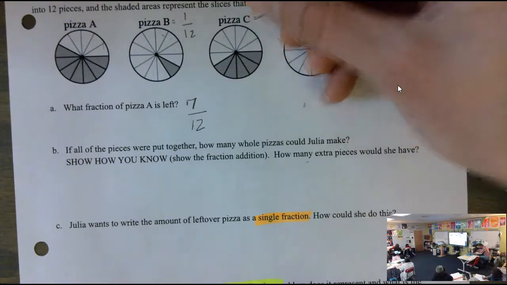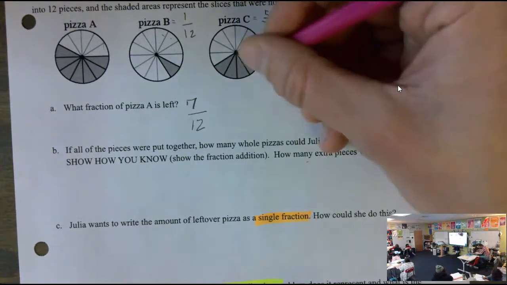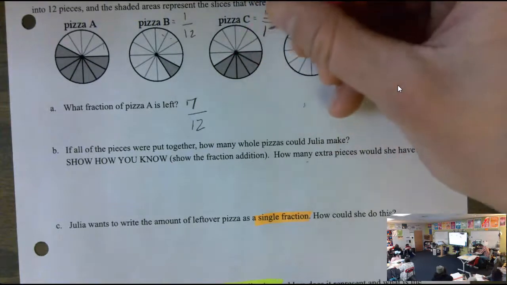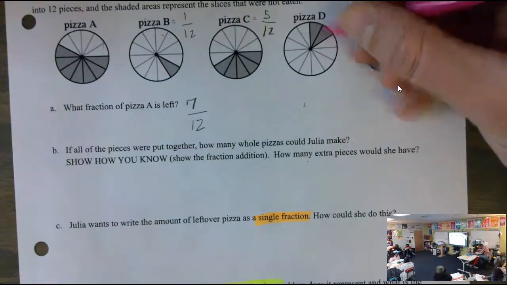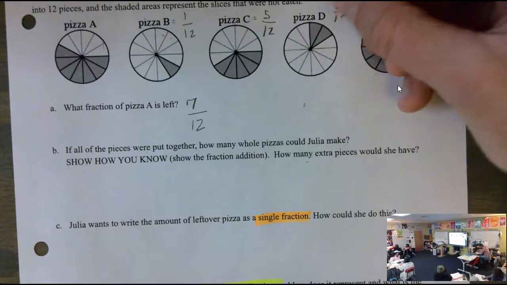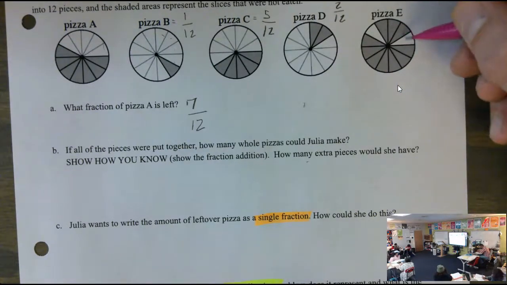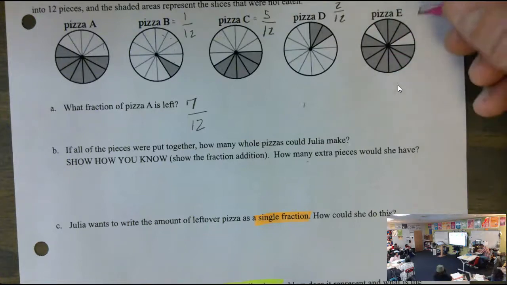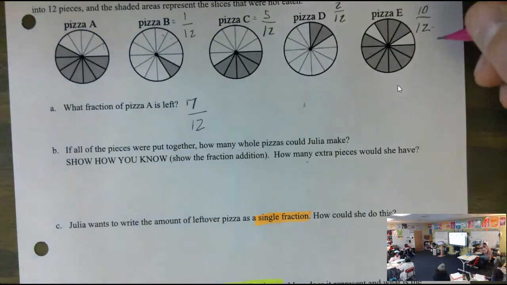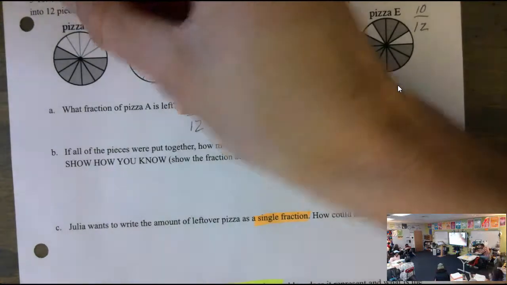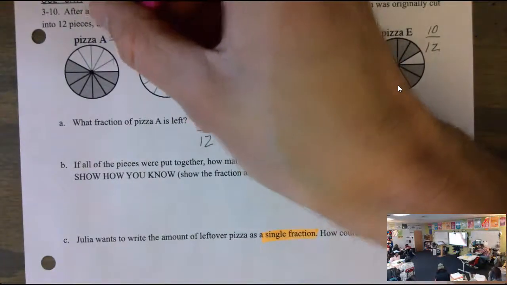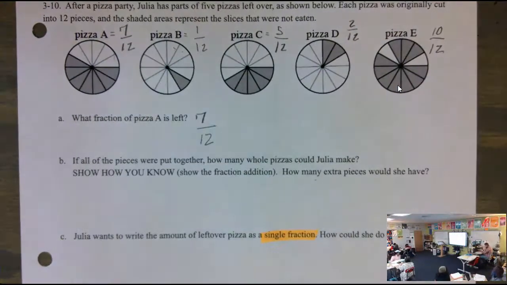C is 5/12, I think. D, 2, is that still 12ths? And E, 10. So, actually, conveniently, we have common denominators, right? These pizzas must have all come from the same place.